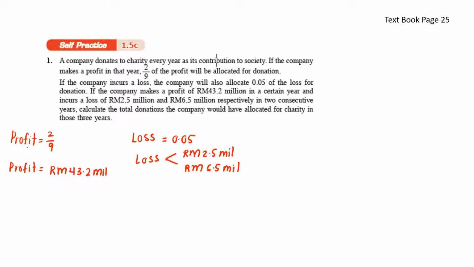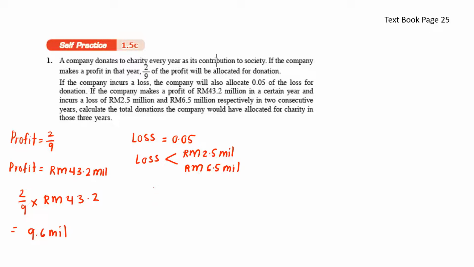So here we have, if profit, 2 over 9 of the total profit amount, and calculating this will give us 9.6 million. If the company suffers a loss, 0.05 of the loss amount will be donated to charity.